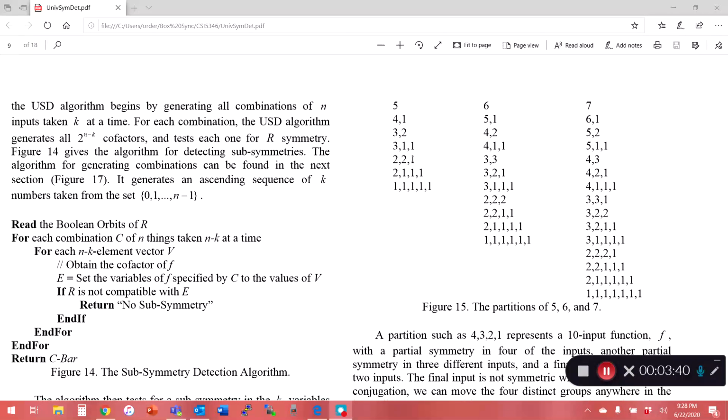Again, working from the end, I have 3, 1, 1. I ignore the 1s. When I get to the 3, I subtract 1 from that, put that in the next element, and then put whatever is left in the third element.